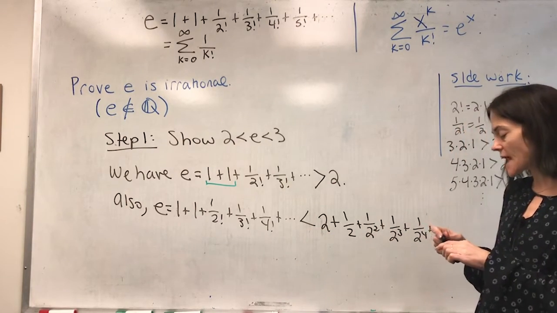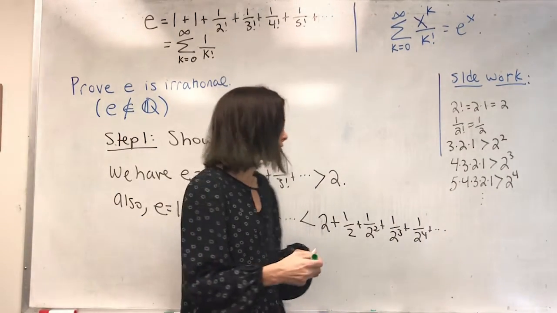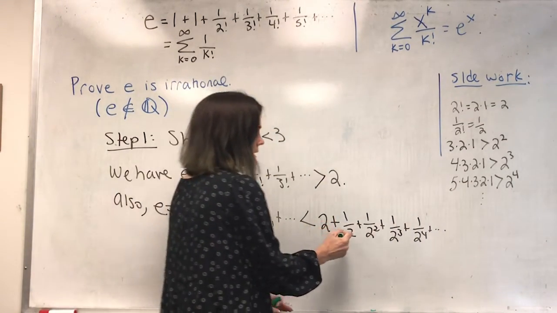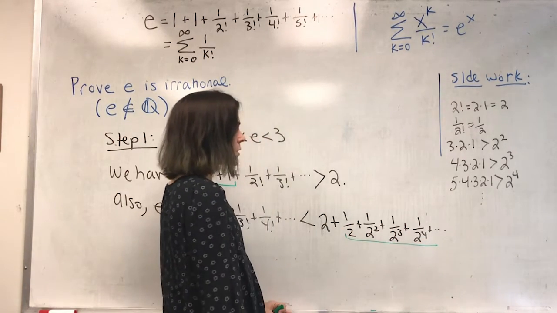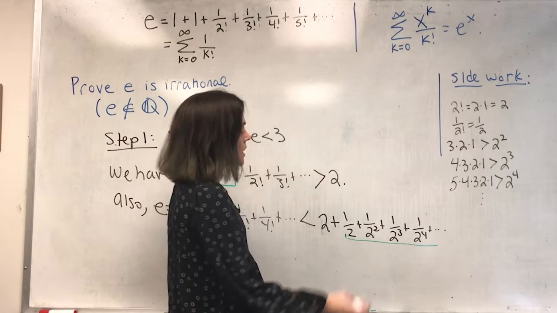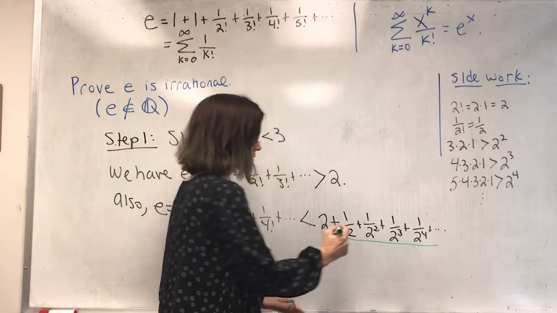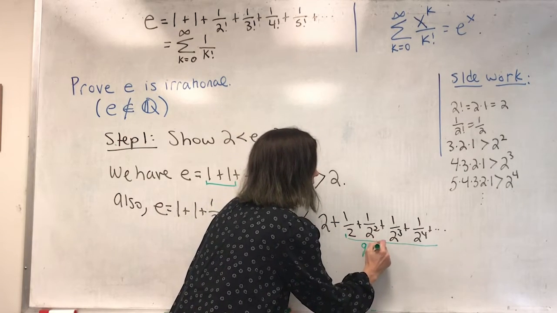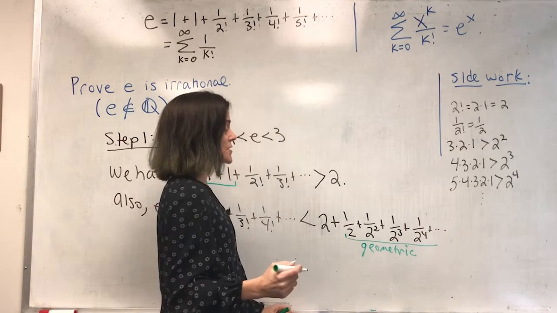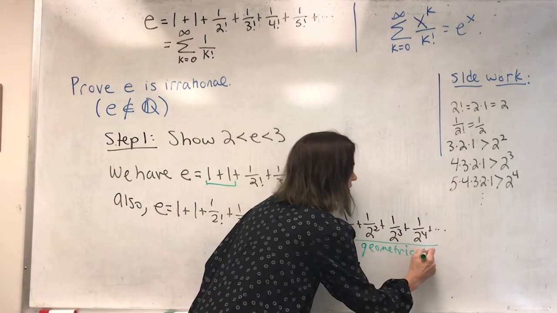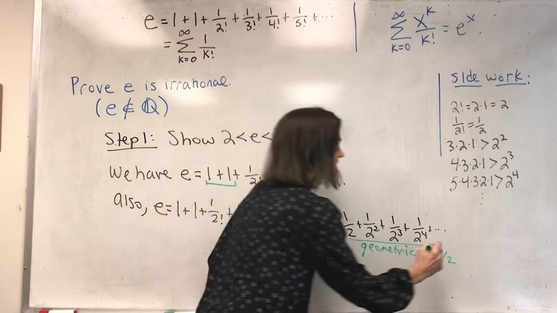We're going to see this now, because if you look at this part, and this is the beautiful thing about series, being able to use it something like this. What do you see here? Well, this is a geometric series. This part is geometric. My initial term is 1/2, and my ratio is 1/2.